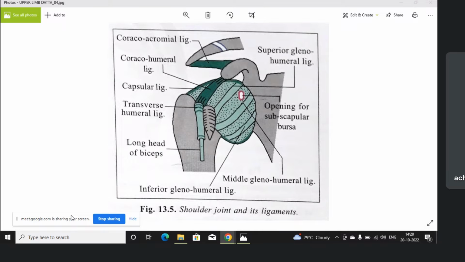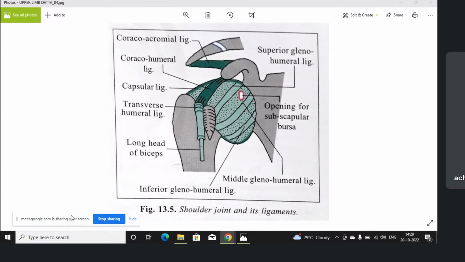Location: located in the shoulder region.